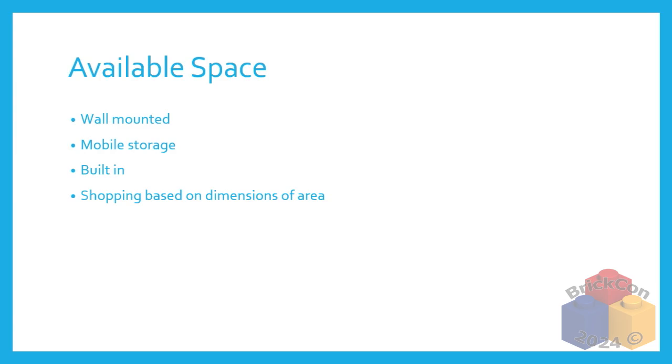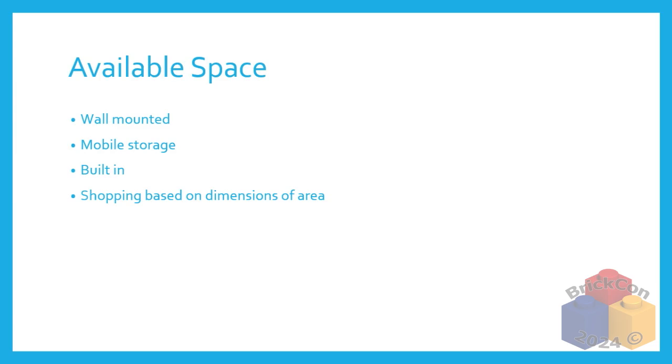Next, when we have available space, something I mentioned was wall mounting. I think wall mounting is one of those things that can really conserve space. Mobile storage, being able to pull a storage bin maybe from another room, a bin of storage that might be just the parts in this color scheme. Built in, I feel like, when you build something into the wall, you get a sense of permanence, but you also can be more efficient with your space.